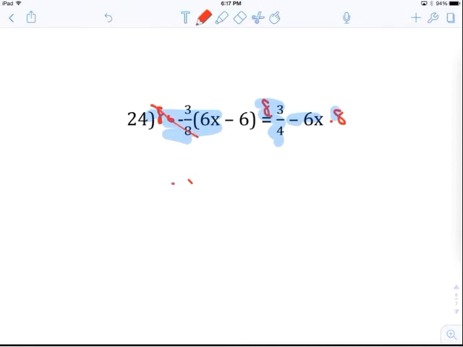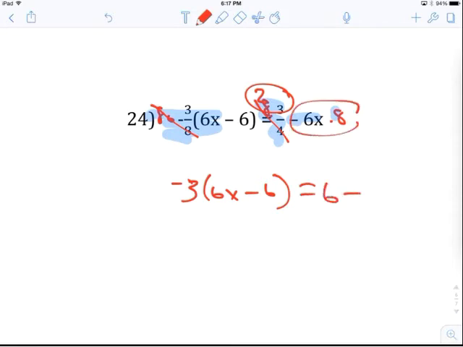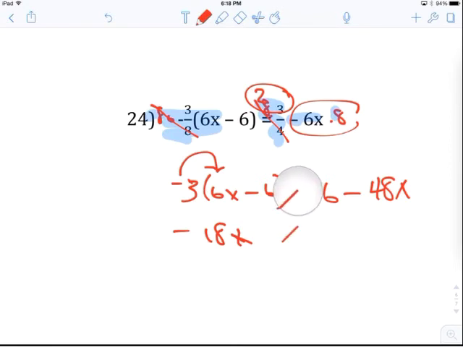Okay, that's negative 3, parentheses, 6x minus 6. That's 2. 2 times this 3 is 6. And this is negative 48x. Oh God, I'm so tired. You guys know how to finish the rest, right?